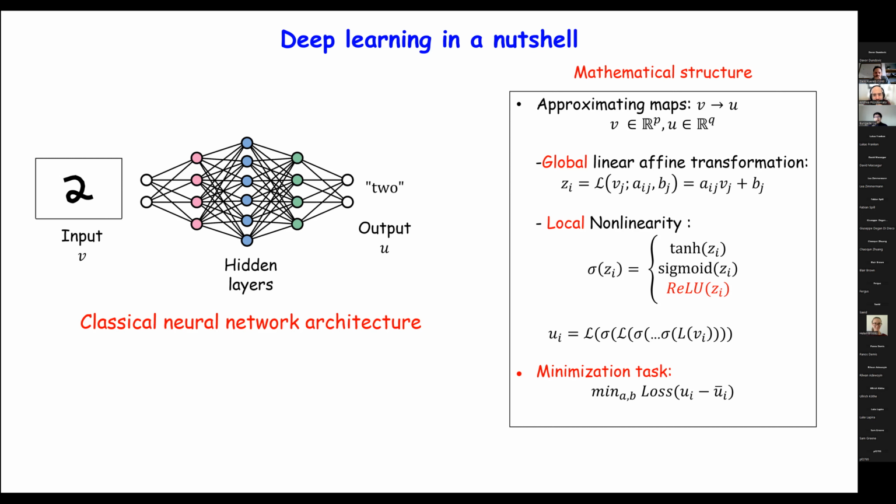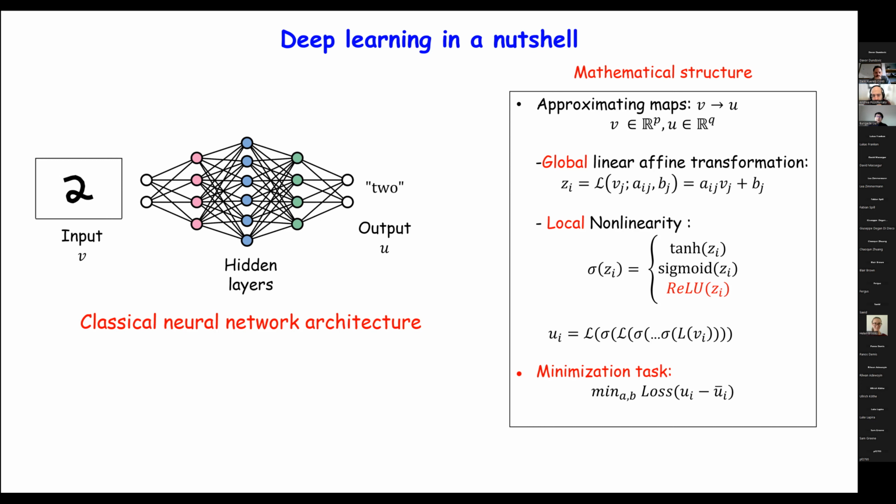The so-called deep neural network or deep learning is that we compose this global linear affine transformation and this nonlinearity again and again and again. Of course, each layer will have its own parameterizations, which can be equal or not equal to the previous layers. But the idea is that we compose these two operators again and again so that we increase our depth.